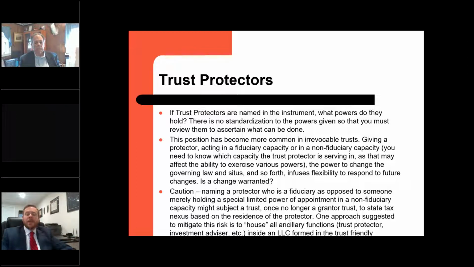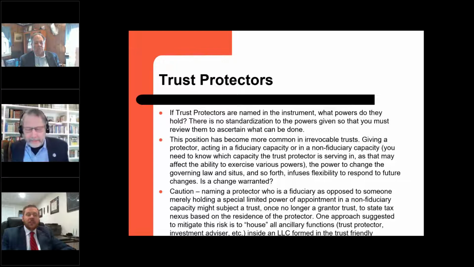You need to let the trust protector know what they have there. If they are serving in a fiduciary position, the trust protector should know that they do have liability to the beneficiaries and the individuals of the trust. They may have the ability to request an accounting from the trustee. If they're a fiduciary, do they have a requirement to do that at a certain point? When do they have the requirement to do that?